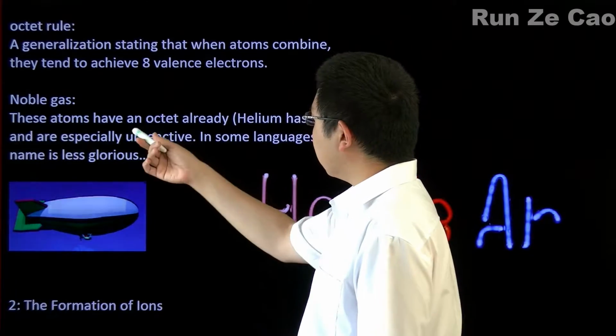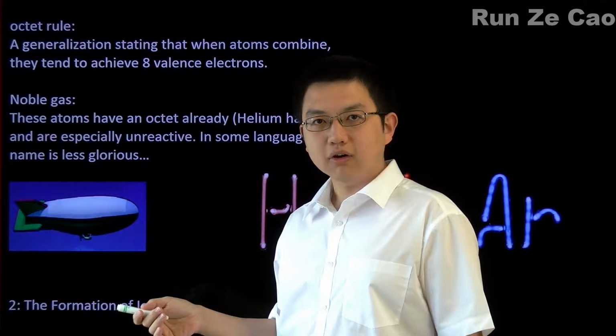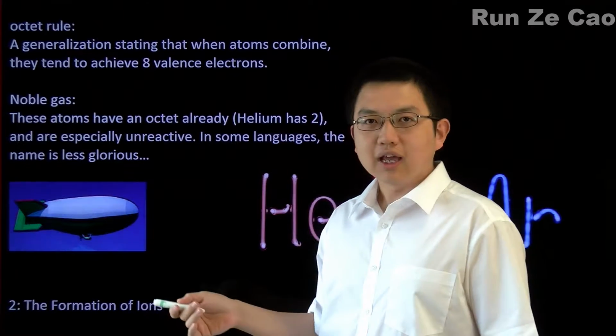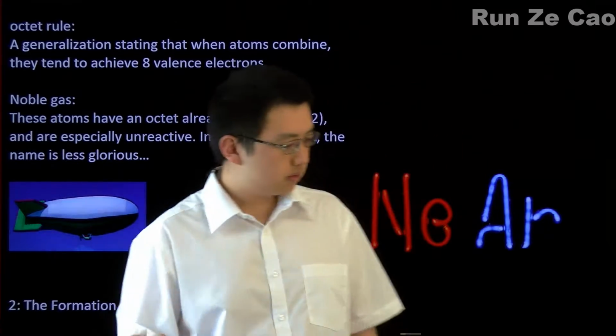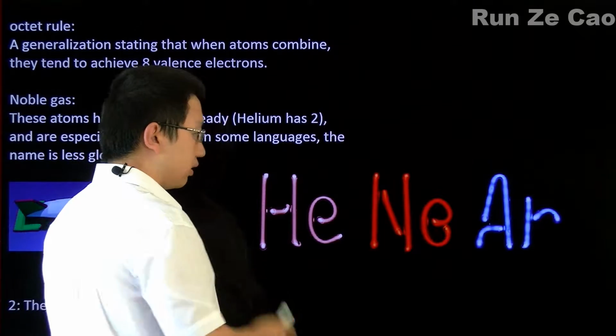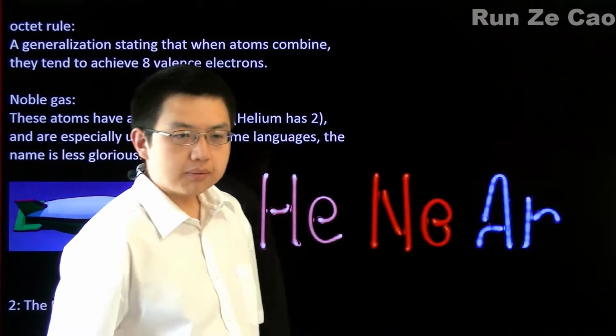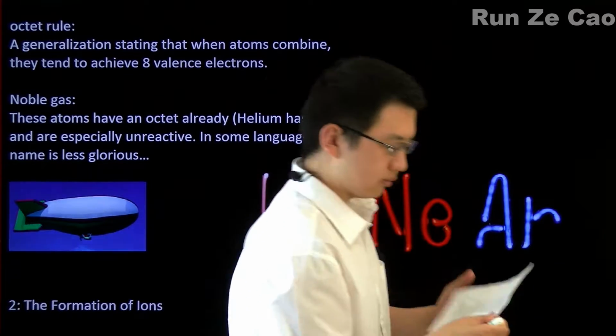Now, of course, calling these noble gases, in some languages, the name is less glorious and tends toward lazy gases instead. Now, you might have seen these names on the periodic table, which looks like this.